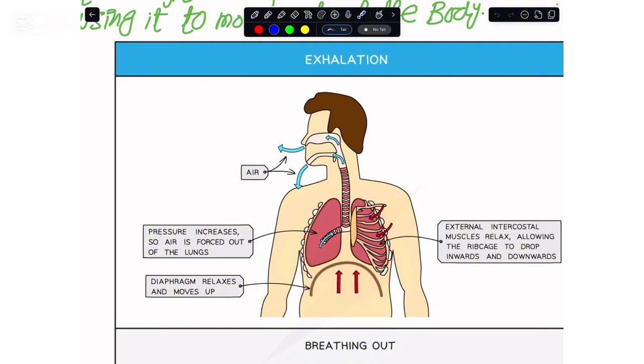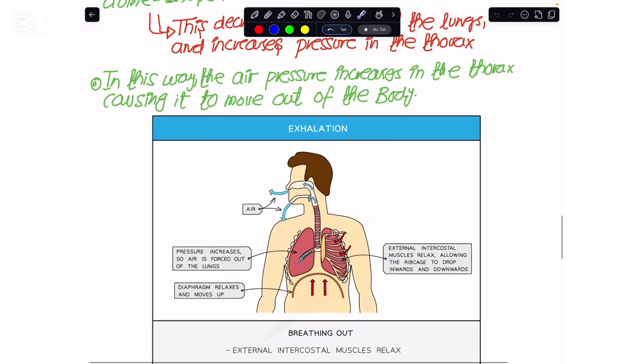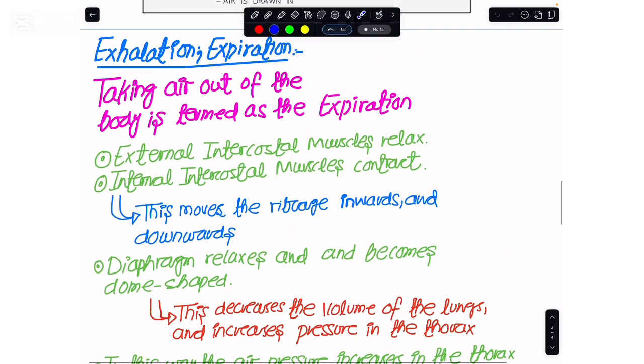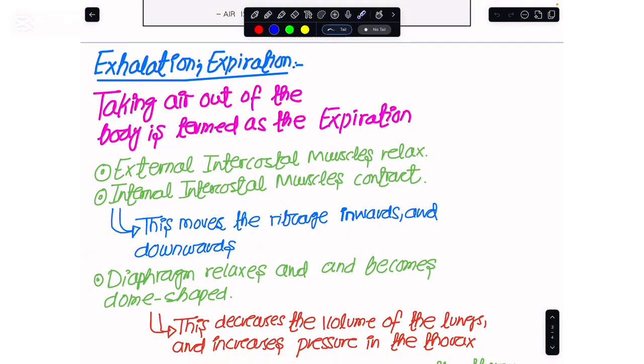As a consequence, the lungs are pushed upon, the volume of the lungs decreases, the pressure of the air inside the lungs increases, and the air rushes out of your lungs.